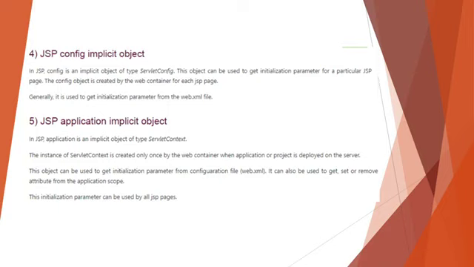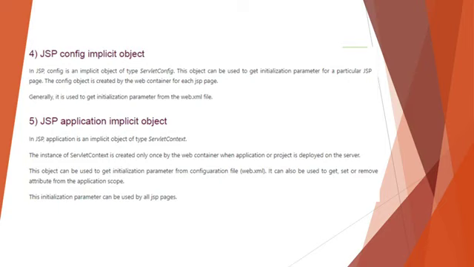Okay, now we will talk about the fifth implicit object, which is application. This is the servlet context as obtained via the get servlet config method and get context method. Now what does it mean? In JSP, application is an implicit object of type servlet context. The instance of servlet context is created only once by the web container when the application or project is deployed on the server.